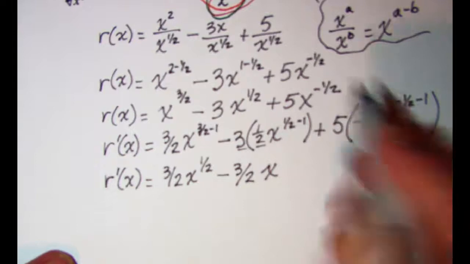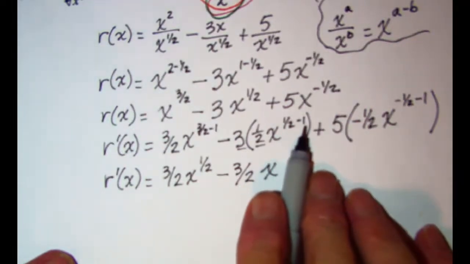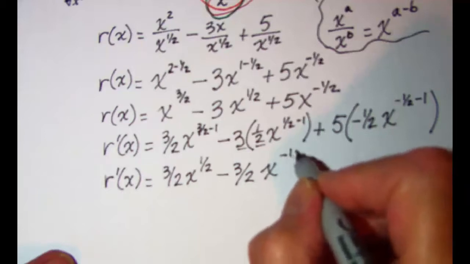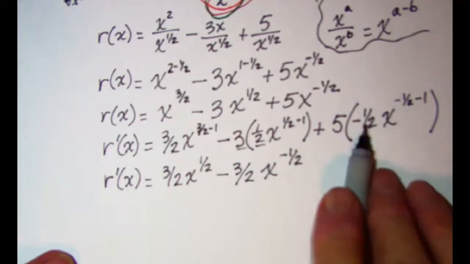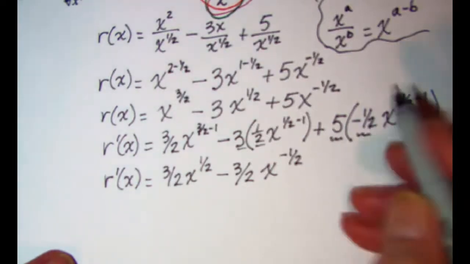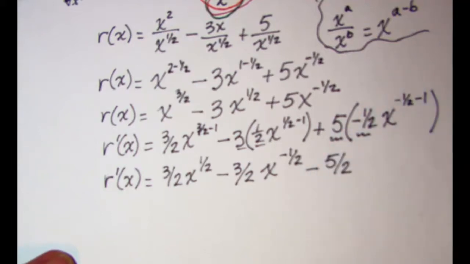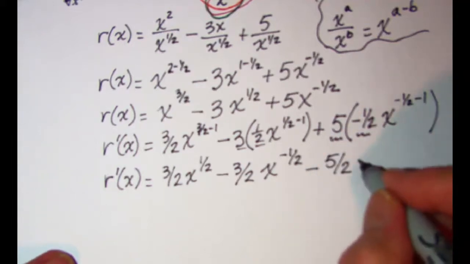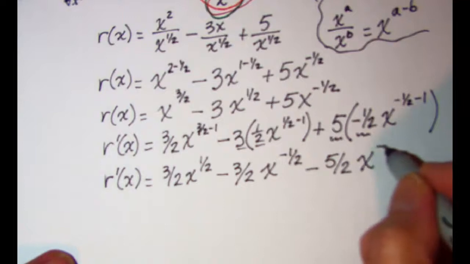And then x to the 1/2 subtract 2/2 is going to be a negative 1/2. I'll multiply these two factors together. 5 times negative 1/2 is negative 5/2. And then x raised to the negative 1/2 subtract 2/2 would be a negative 3/2.